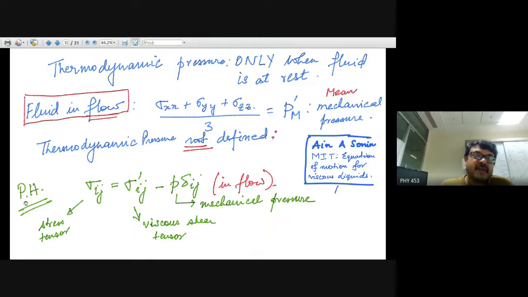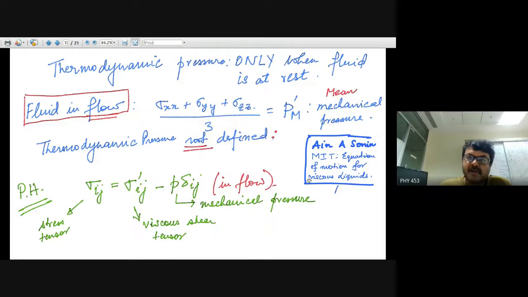However, the physical hydrodynamics book is already considering the fluid in flow, right? And in that book they call this P the mechanical pressure. So there's a slight difference in the terminology of the two books.